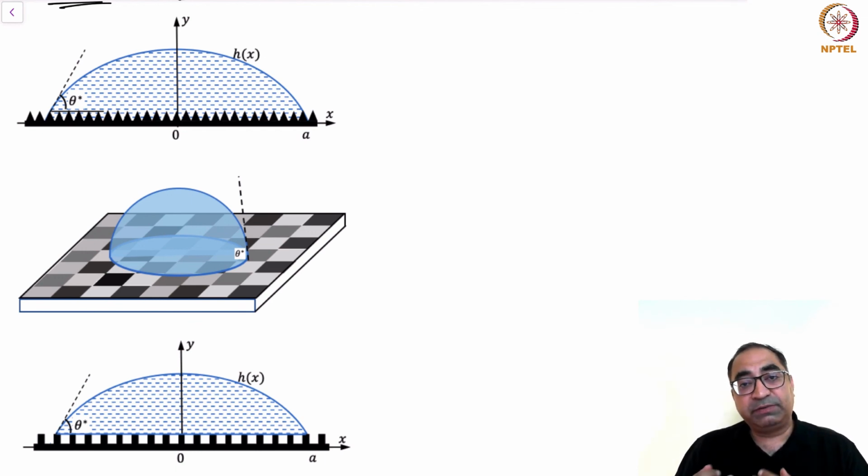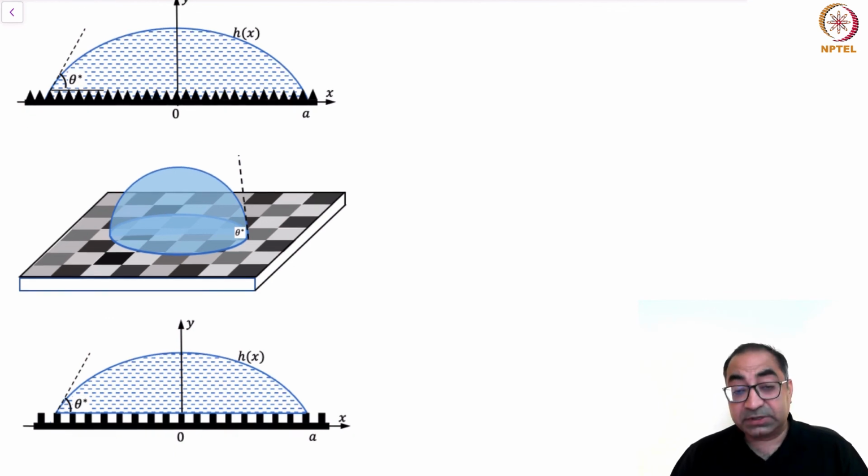If you notice, they have different grayscales, and each of these squares has a different surface energy, and therefore different parts of the interface or the contact line are making contact with surfaces of different surface energies. So how do we take this into account? This is a chemically heterogeneous surface.